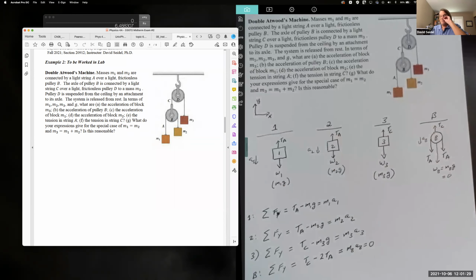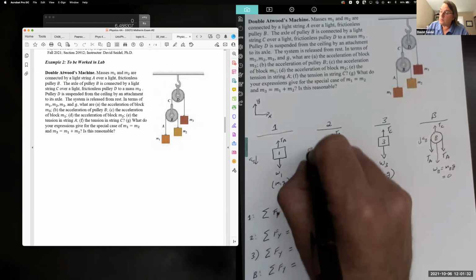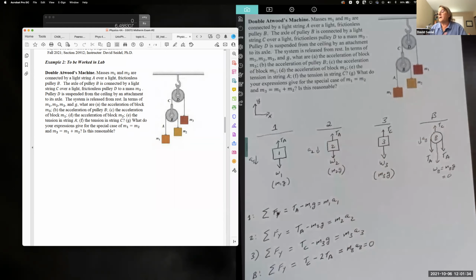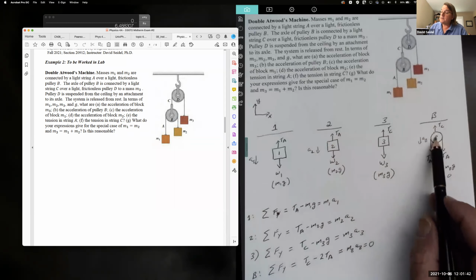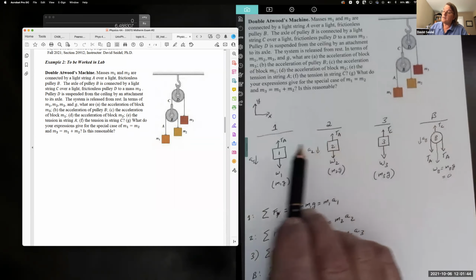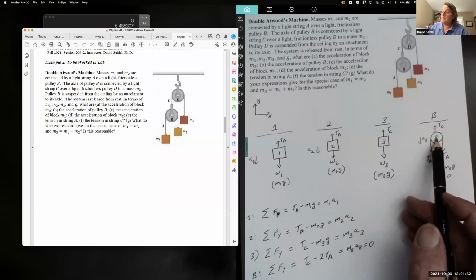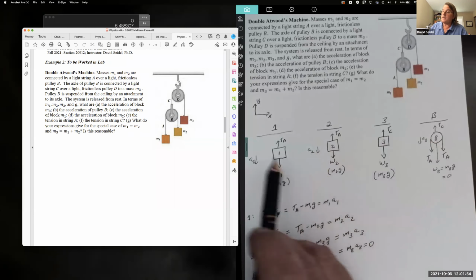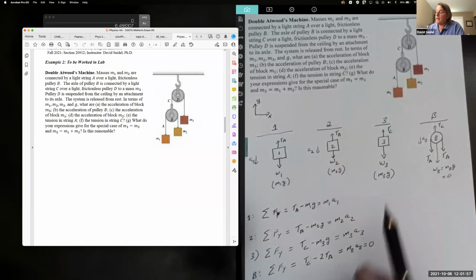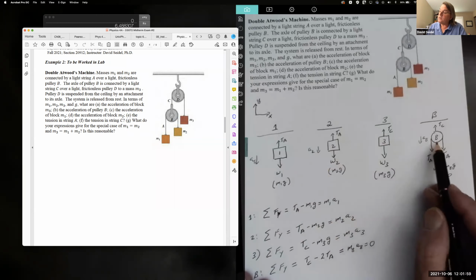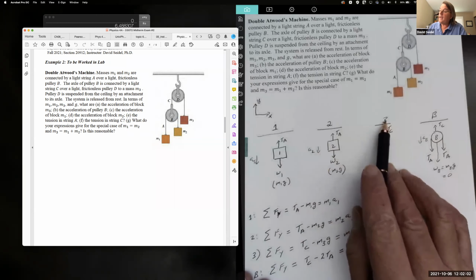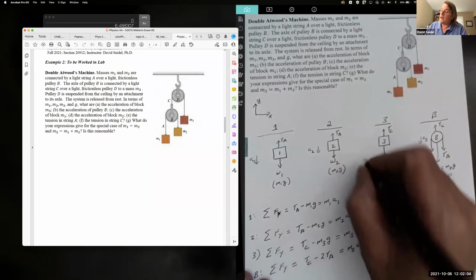They're all going down. I don't know that to be true. They could all be going down. B and 1 might be going down and 2 could be going up. B and 2 could be going down and 1 could be going up. They could all be going up. But what I do know is 3 and pulley B are going in opposite directions.